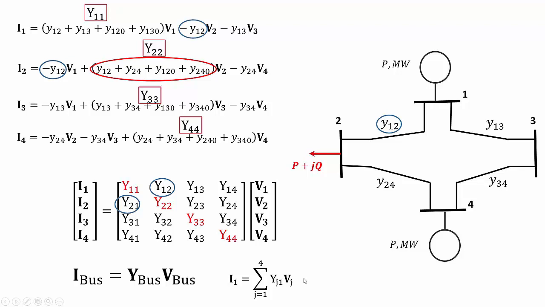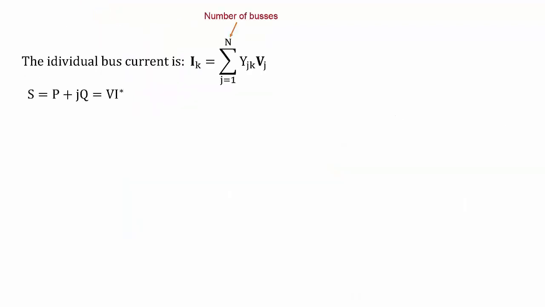For any general bus K, IK will be sum of YJK VJ, and change J from 1 to N. We'll take this equation to the next page, and N is the number of buses in the system.